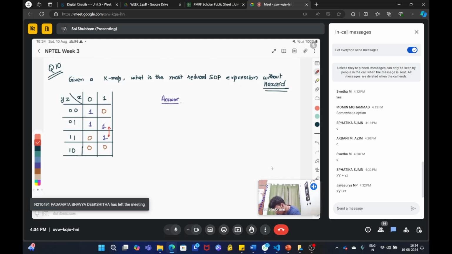If I move from this point to this point, still my output should remain at 1. It should not fluctuate, even for a very short period of time. Similarly, for this transition.